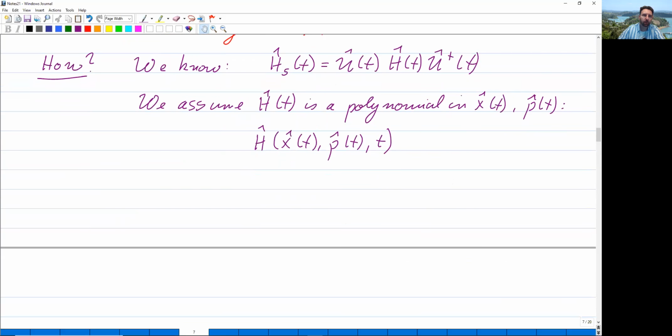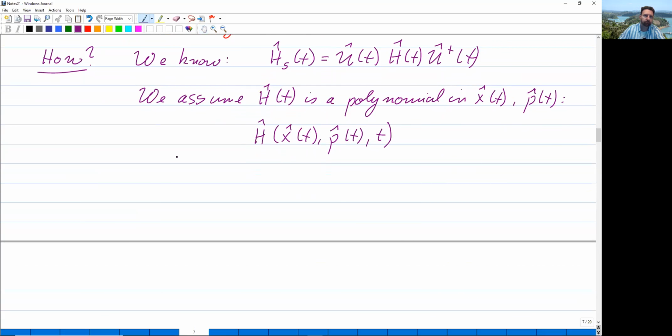Let's do it for an example first. For example, we could take the Hamiltonian of the form H hat of t, or let's just spell it all out.